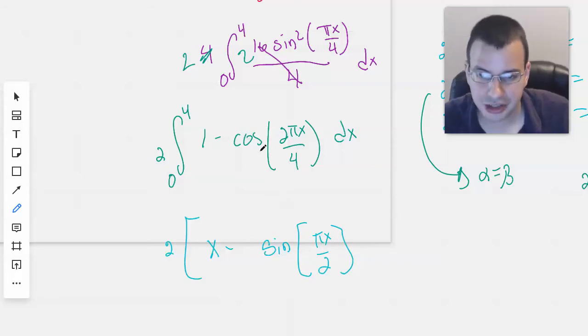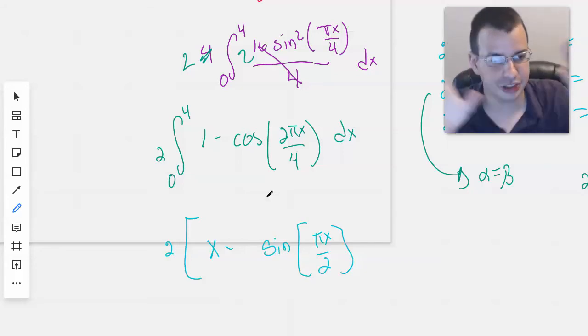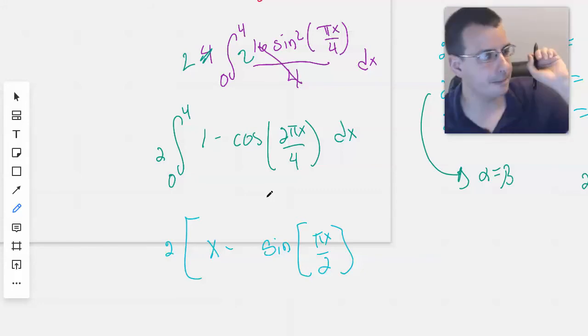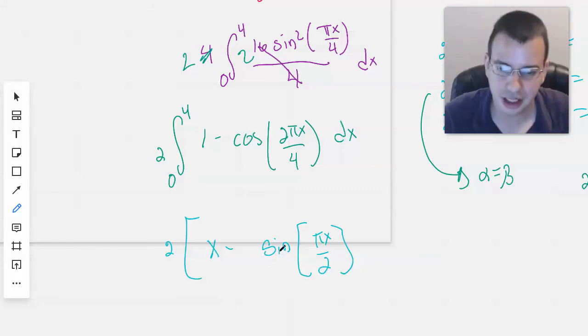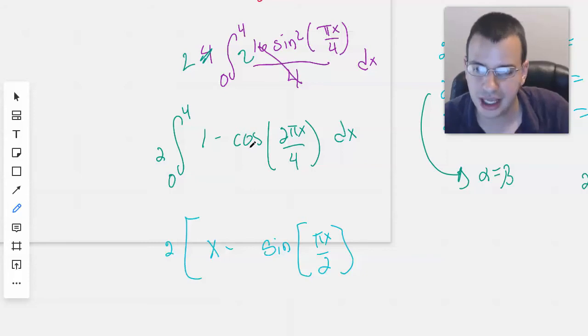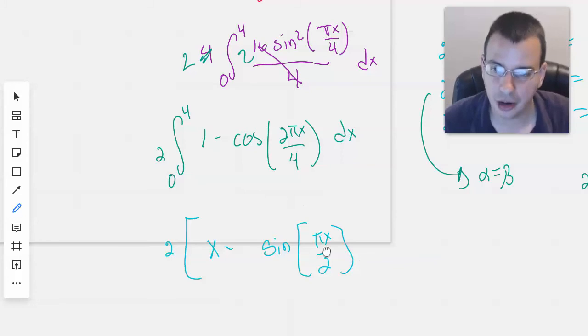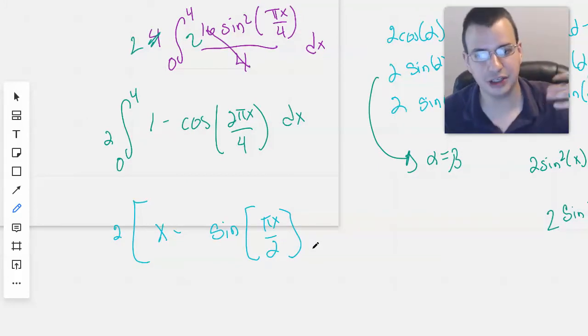And the way I check this is the derivative of sine of x should have the same sign as the cosine of x. So the derivative of positive sine of x is the positive cosine of x. And so if we take the derivative of this sine, we get that cosine, and they have the same sign. So that's how I check the signs when I take the integral of either cosine of x or sine of x.